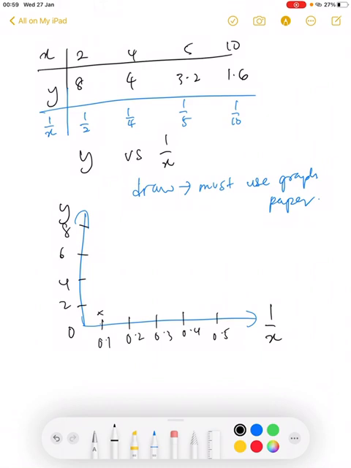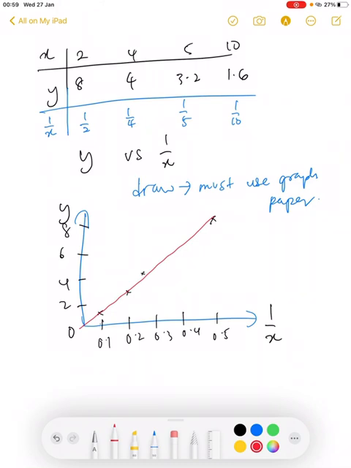Y of 3.2, somewhere here. At 0.5, y equals 8. So it looks like you get a straight line, a straight line joining all these. The graph is a straight line that starts from the origin.